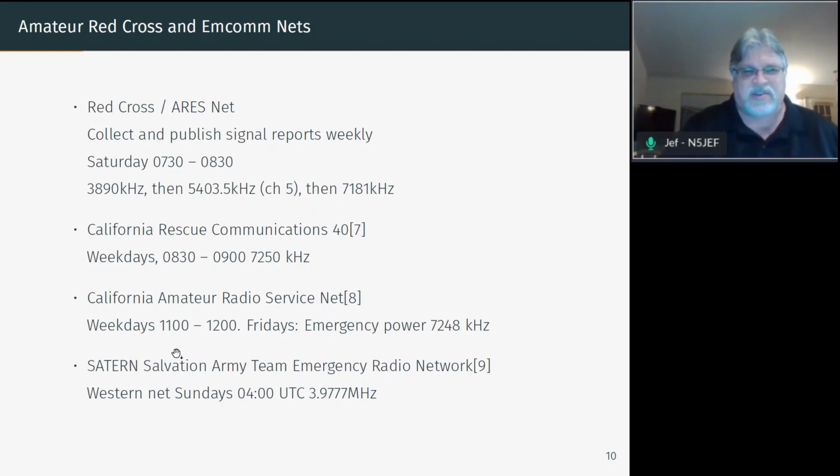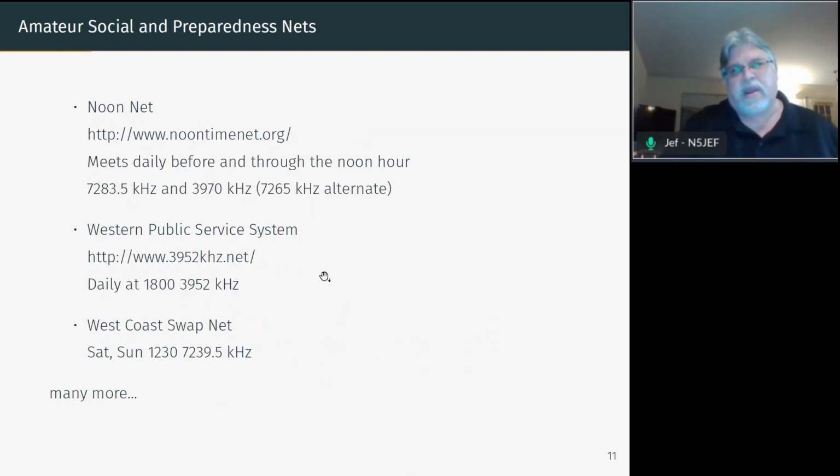And then there's SATERN, the Salvation Army Team Emergency Radio Network, just another example. And the new net, many people know about the new net. That gives you a really good idea of where you can hear people. But you have to keep in mind that a lot of those antennas are not optimized for NVIS.